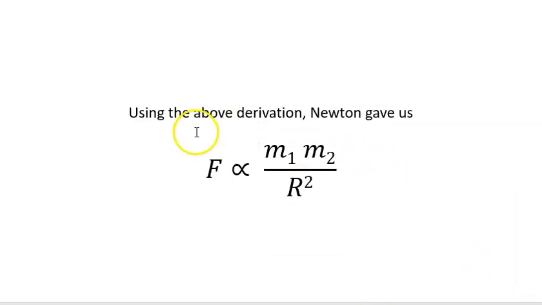Using the above derivation, Newton gave us force is proportional to m1 into m2 upon r square. Thus, Newton concluded that the centripetal force, which is the force acting on the planet and is responsible for its circular motion, must be inversely proportional to the square of the distance between the planet and the sun.